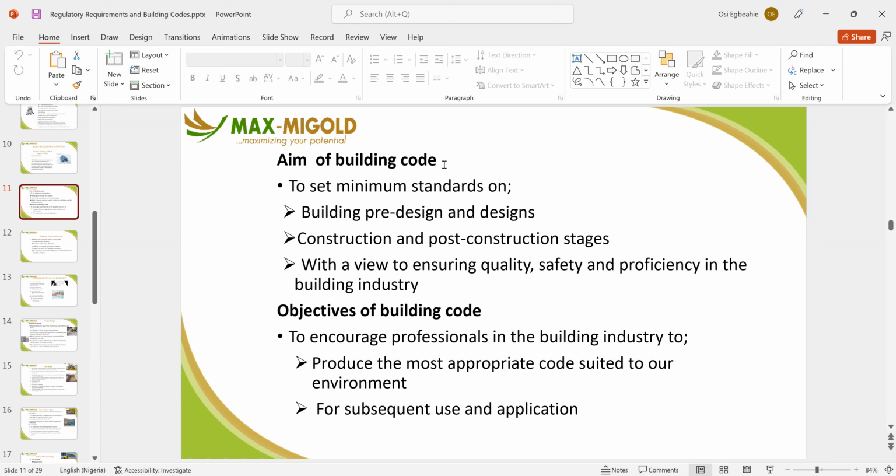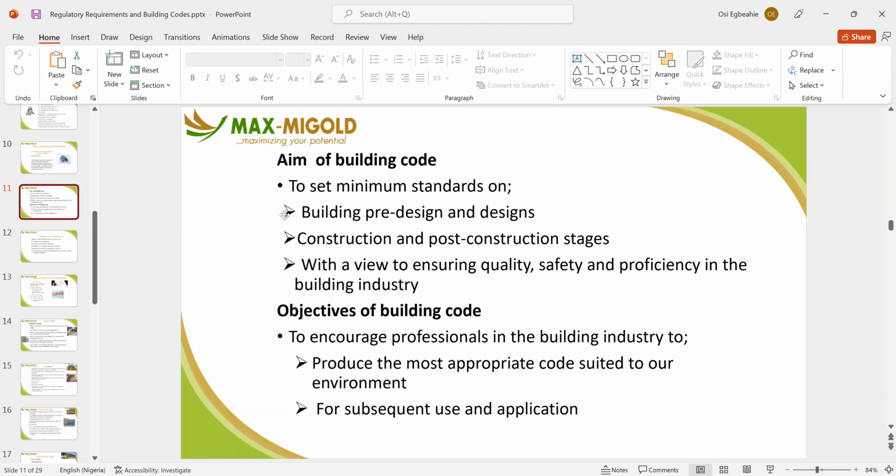Aim of the building code. The aim of the building code is, one, to set minimum standards on building pre-design and design, construction, and post-construction stage. Construction is what is happening. Post-construction stage is where the FM deals.